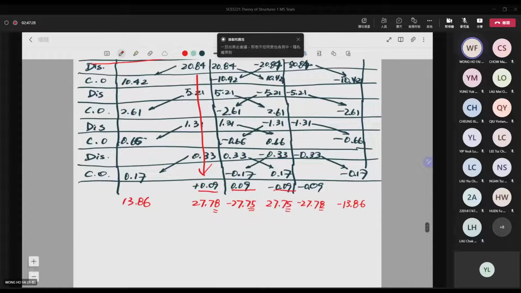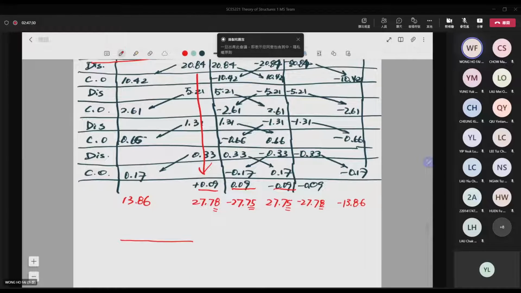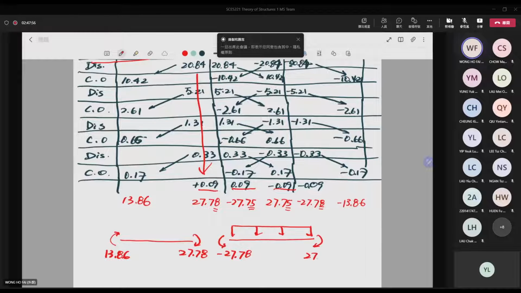Then from here, you can see that our member end moment is positive. That means clockwise. That means it's 13.86, 27.78. Now for the next one, don't forget that there's the distributor row here. And then negative 27.78. You can just say that it is 78 because it is close enough. This is 27.78.